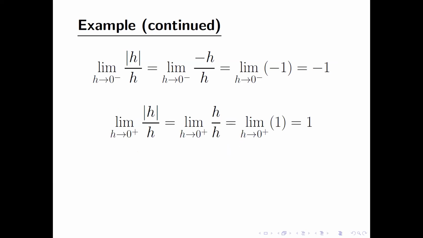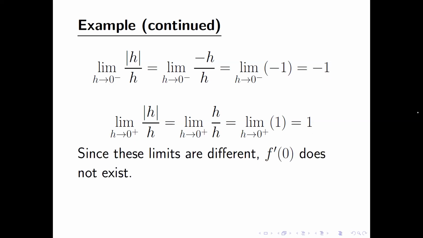So it means that here we are going to check at the left of 0 and the right of 0. So on the left of 0, the absolute value of h is minus h, and then we get minus 1. And on the right-hand side of 0, we get positive 1.